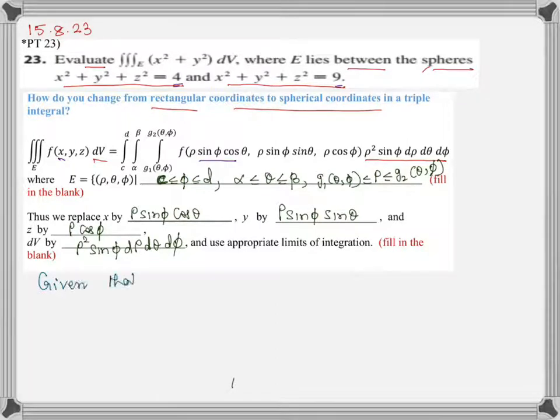Now, the solid is between two spheres. As we said earlier, one has its center at the origin and radius 2, the other has its center at the origin and radius 3.